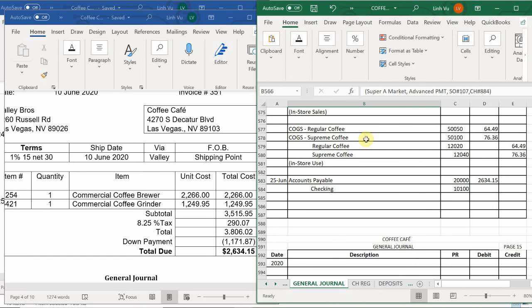Now, is that correct? Can I split my discount in half when my coffee brewer cost me $2,266 and my coffee grinder only cost me $12.49? Can I split the discount like that?